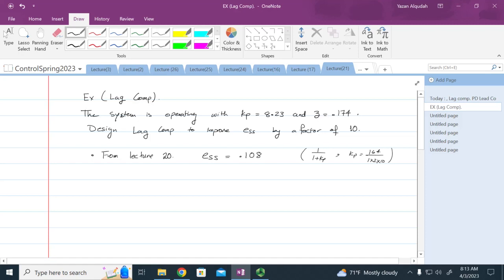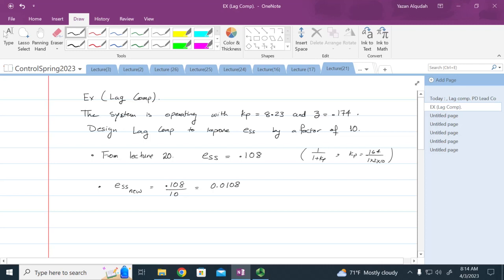Okay, so we want to improve the steady state error by 10 folds. So therefore, the new steady state error is going to equal 0.108 divided by 10, which is going to equal 0.0108.